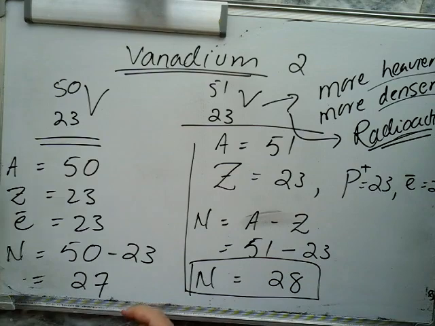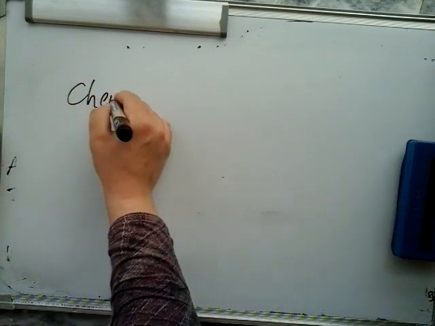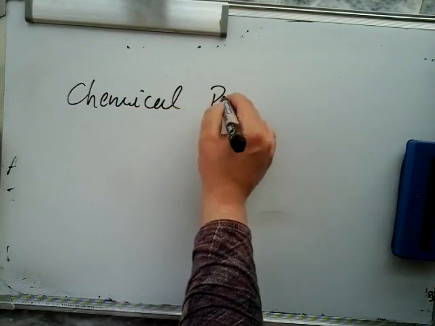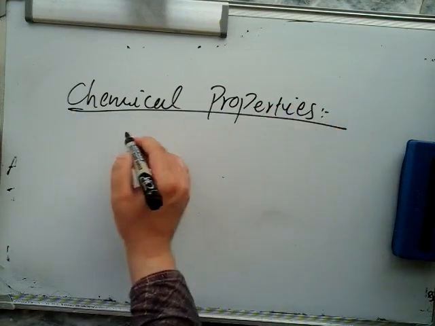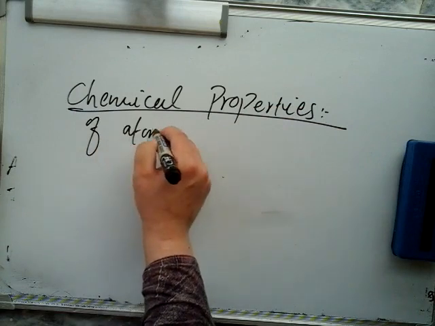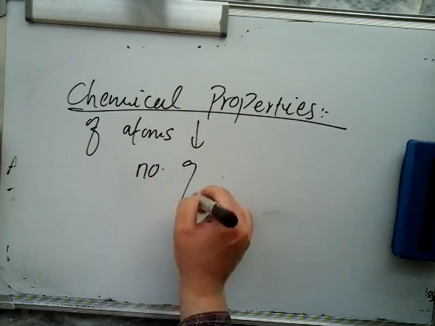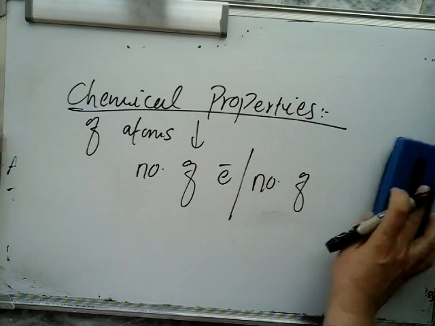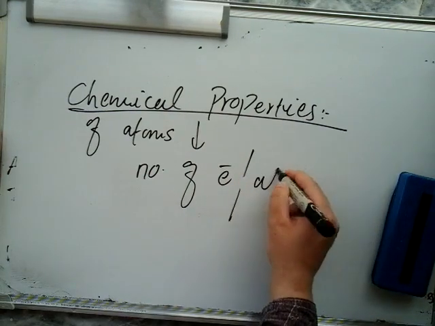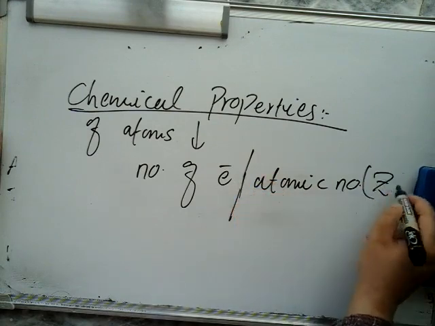Keep in mind, again I will repeat that the chemical properties of atoms depend on the number of electrons, or we can say they depend upon the atomic number, Z. Is that clear?